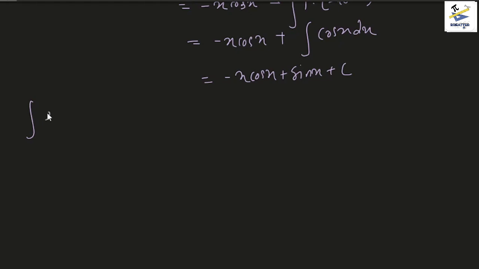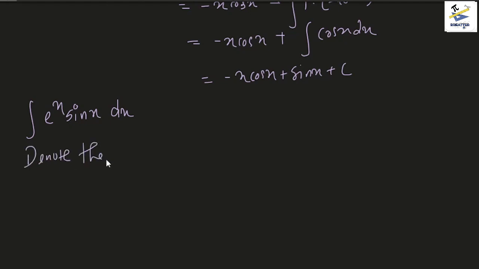Next problem would be integral of e to the power x sin x dx. Now this is a problem where you would know why denoting the integral by I is of paramount importance. Let's see.